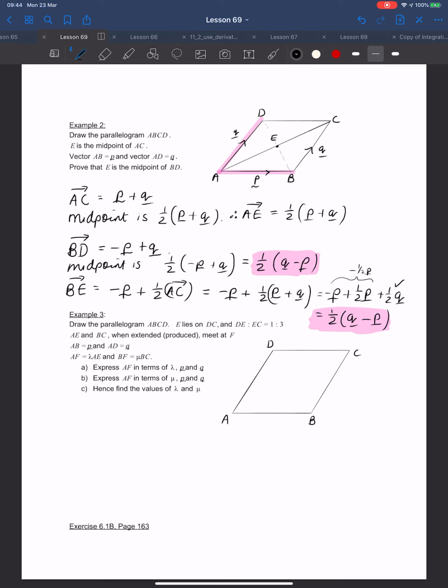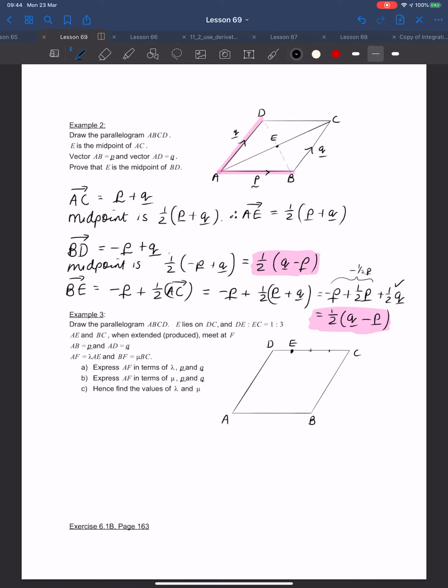So there we are. And that's about 1. Imagine splitting this into 4 parts because it's 1 to 3. There's the E there. Okay, A, E and B, C. B to C and A to E when extended meet at F.